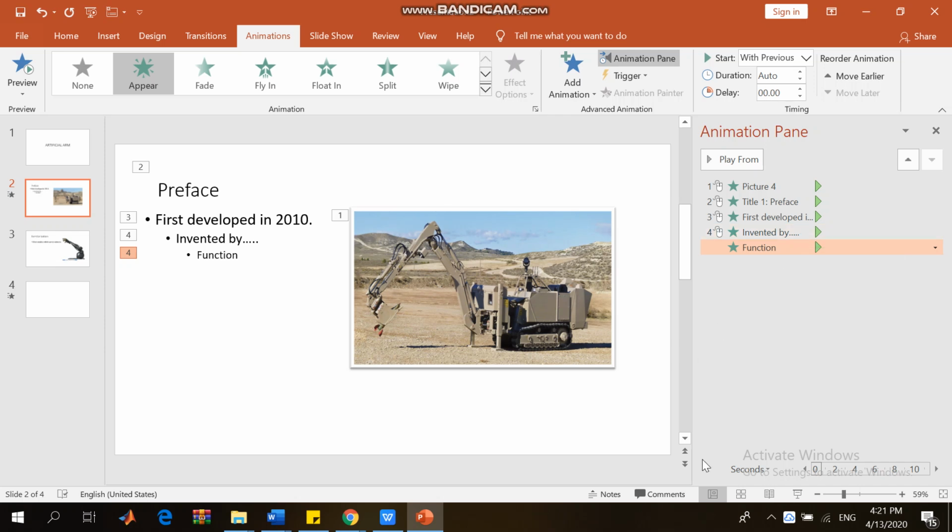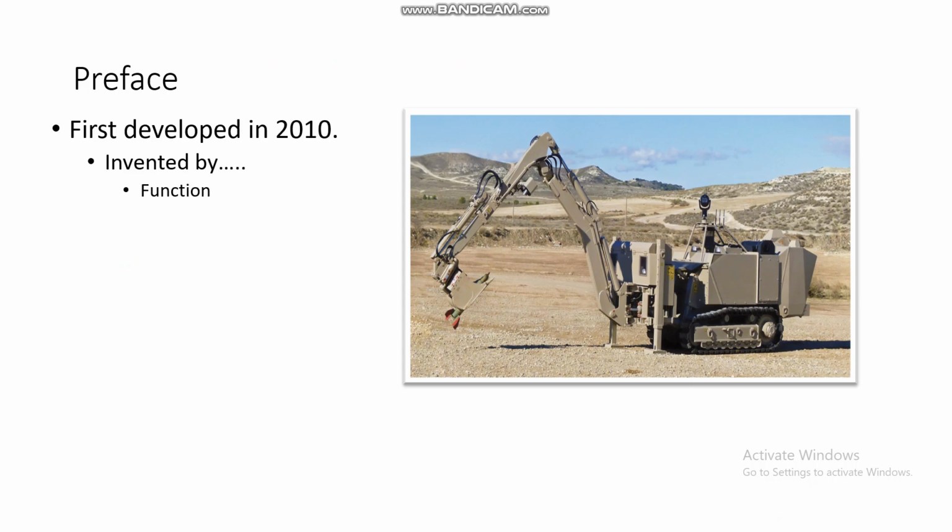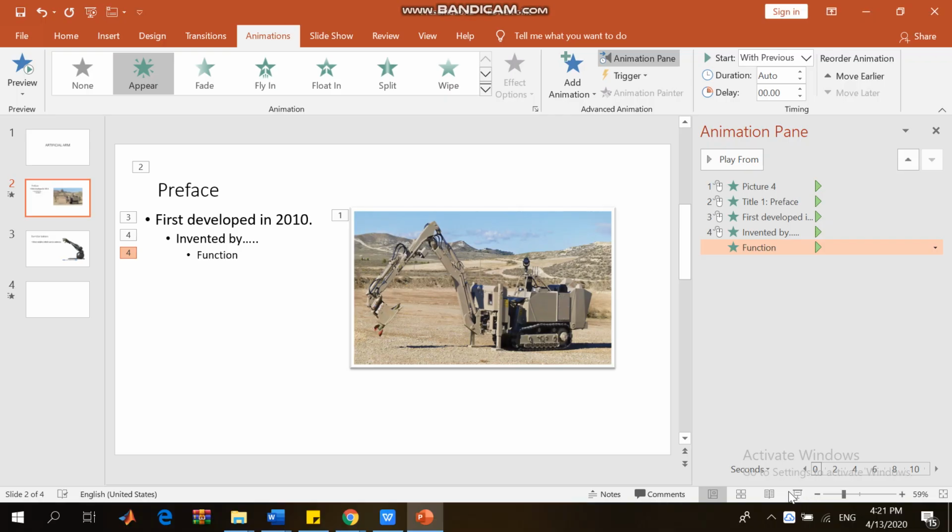Okay, let's have a check on this one. 2, 3, 4, and fifth. Fourth and fifth came along at the same time. Or I can set my picture to start with previous.